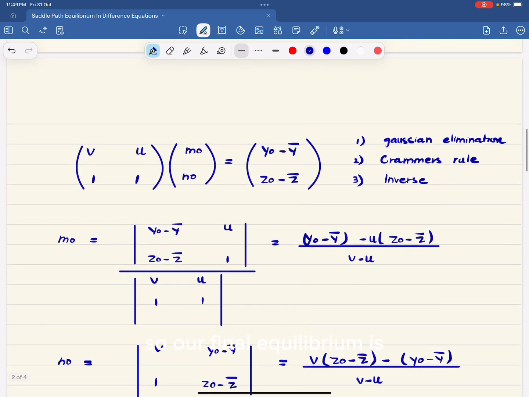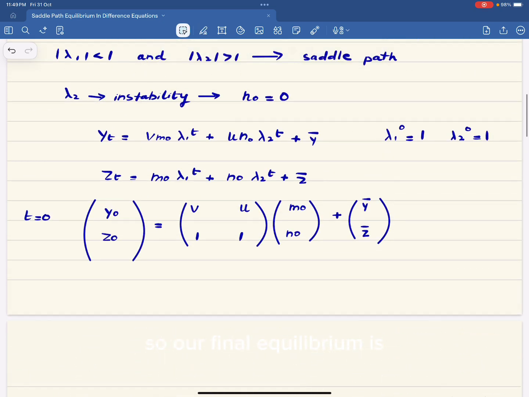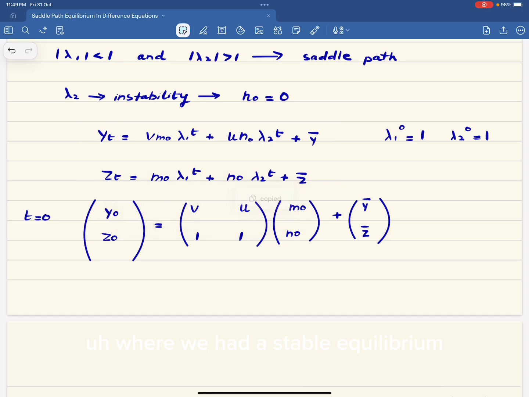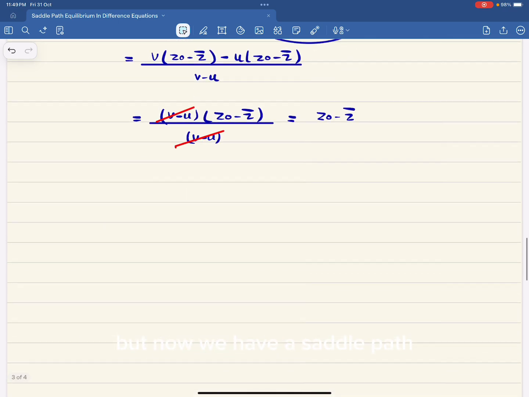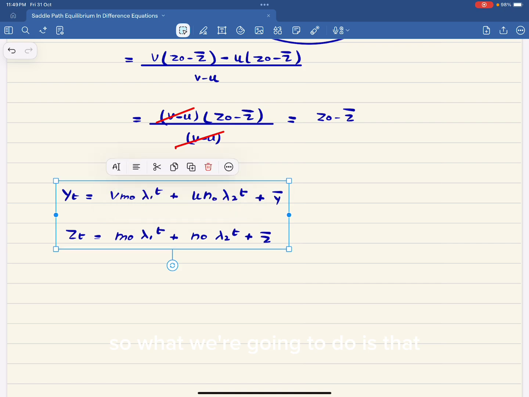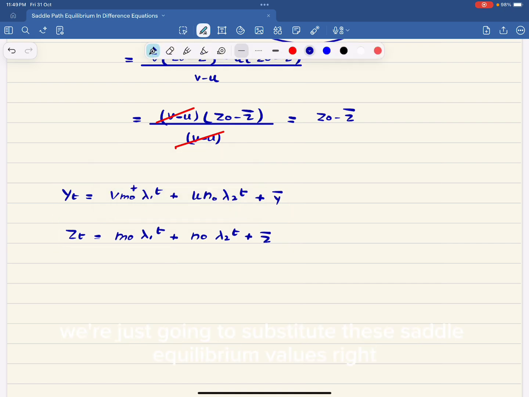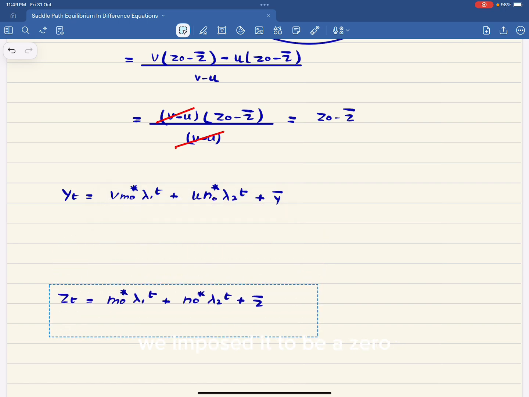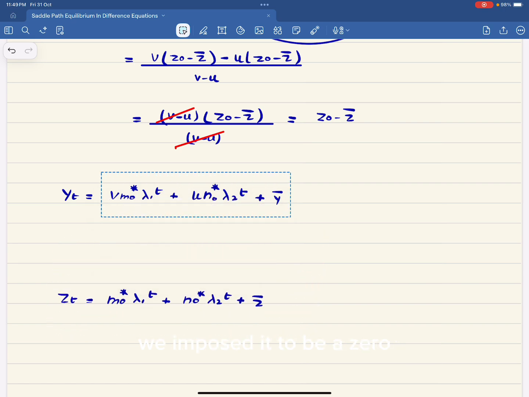So our final equilibrium is, so these were the equations where we had a stable equilibrium, but now we have a saddle path. So what we're going to do is just substitute these saddle equilibrium values right here. We know that n naught was actually, we imposed it to be a 0.